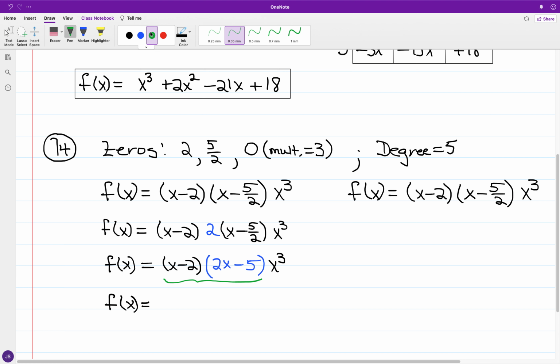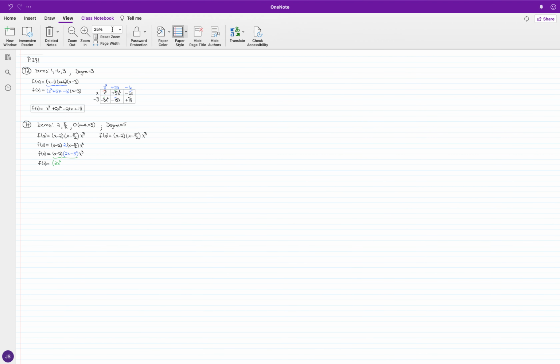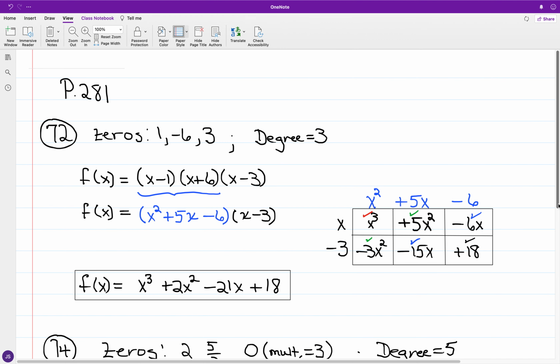is equal to, and for x minus 2 times the quantity 2x minus 5, we have 2x squared. And we have minus 5x, and you have minus 2 times 2x, so we're going to have a minus 4x. So this will come out to negative 9x.